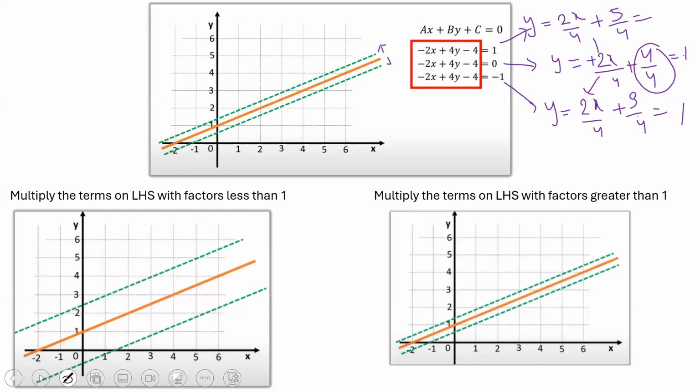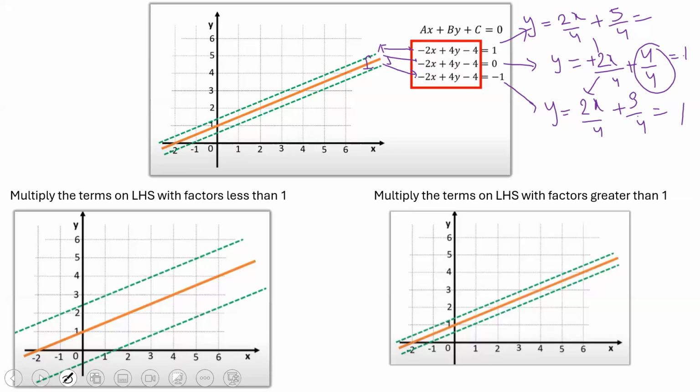So now we are trying to find a margin, right? Margin in the sense you are trying to find two parallel lines above and below it. All these three lines are represented by these three equations, right? This is this equation, this is this equation, this is this equation.